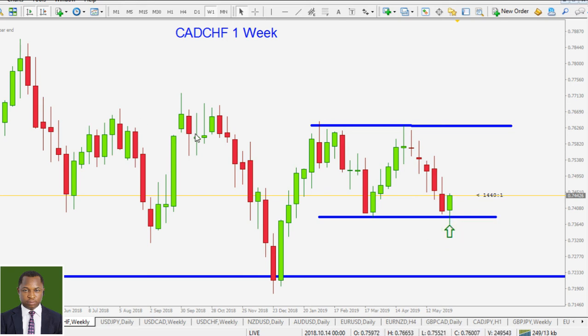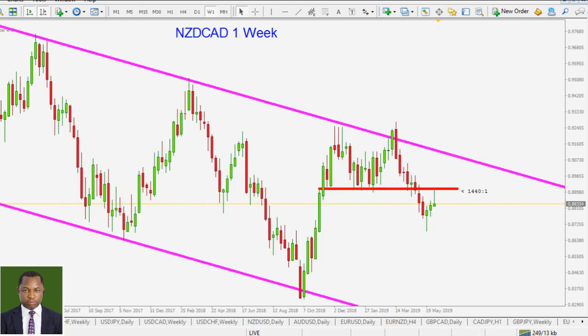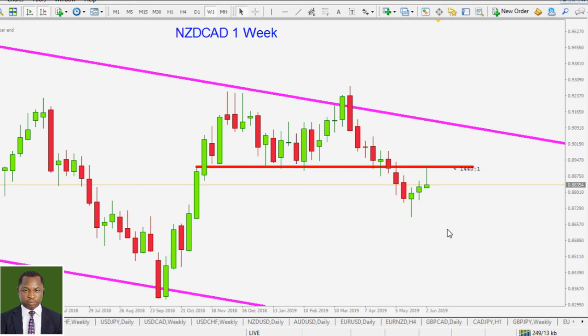If we are not going to be trading this, then we should be looking into the New Zealand dollar against the Canadian dollar in the weekly time frame. Okay, remember we talked about this level being broken. We will have a double top formation there. Now we got that pin bar.